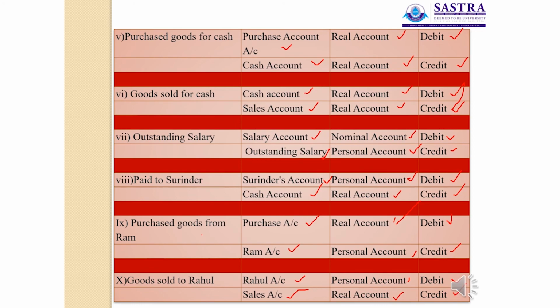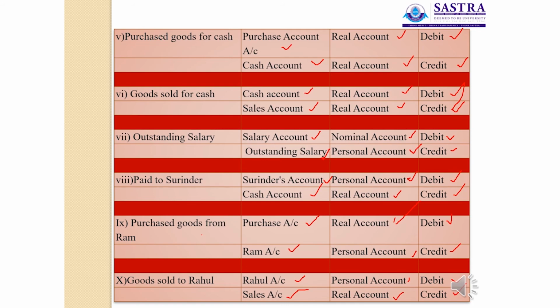So these are the procedures for analyzing the transactions for recording the journal entries in the books of journal. Before recording the transaction in the journal, first you have to identify the accounts. Next, after identifying the accounts, you have to identify which is to be debited and which is to be credited.